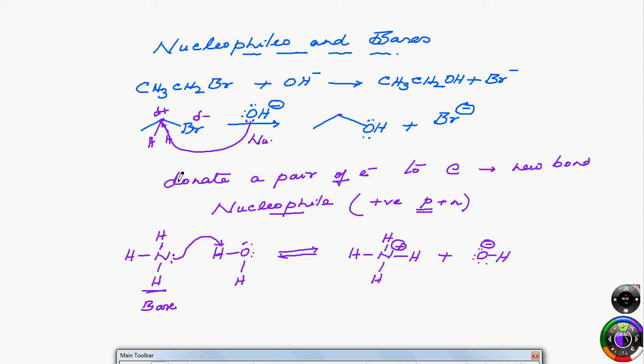So when you talk about basicity and nucleophilicity, we are actually talking about these 2 types of events.